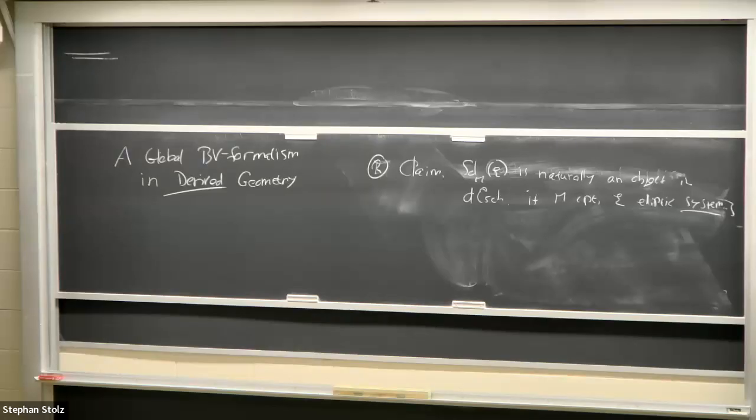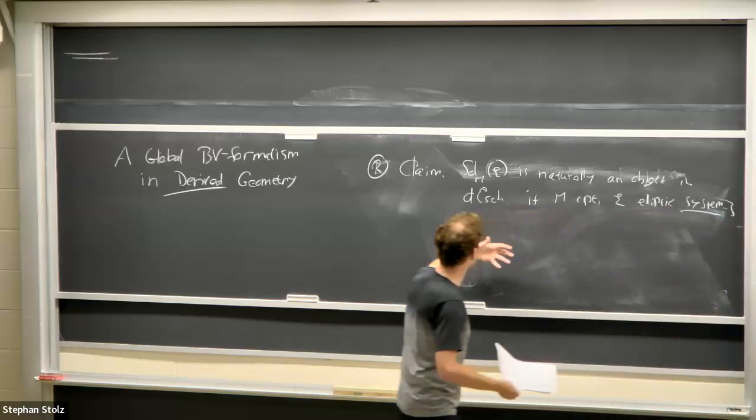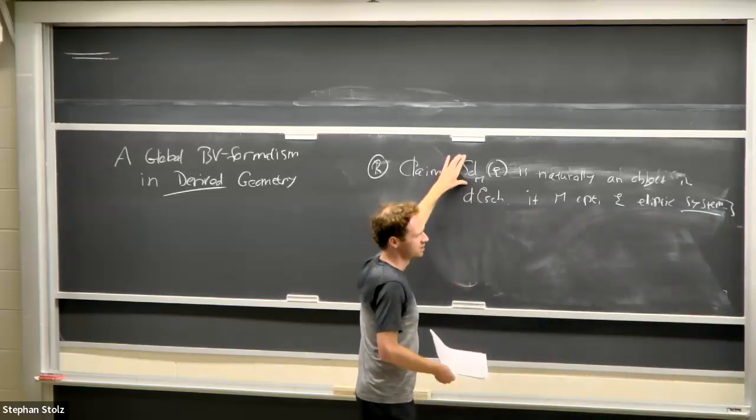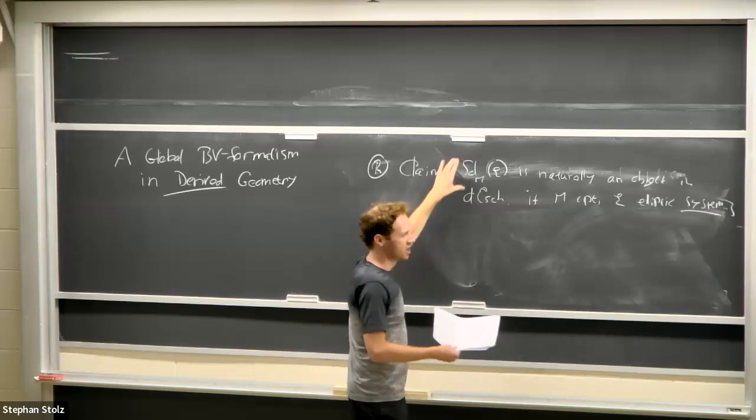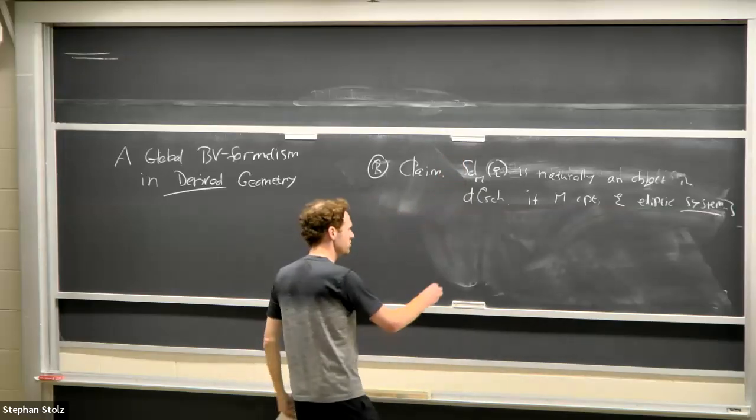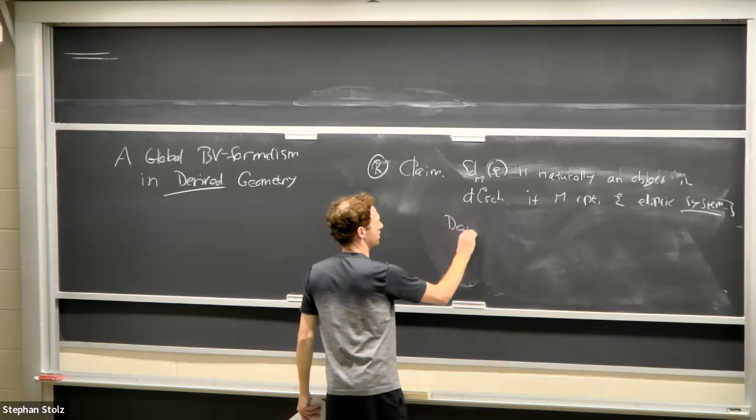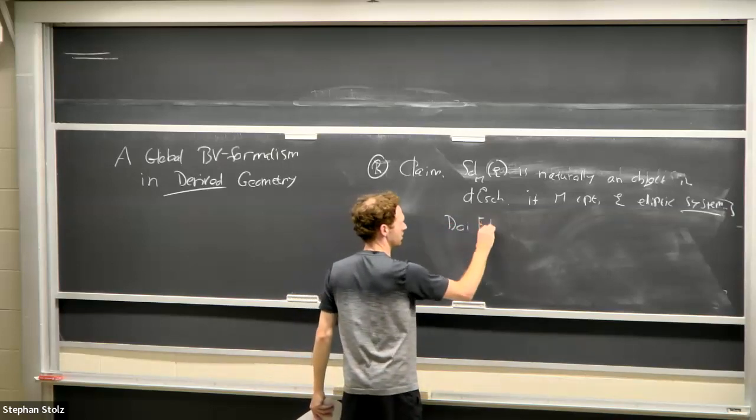There would be an open cover of this space by such spaces, and then you can try to introduce enough coherence data that you can glue all these local models to a global object. That's very arduous, so we're not going to do that. What we're going to do is follow Toën.